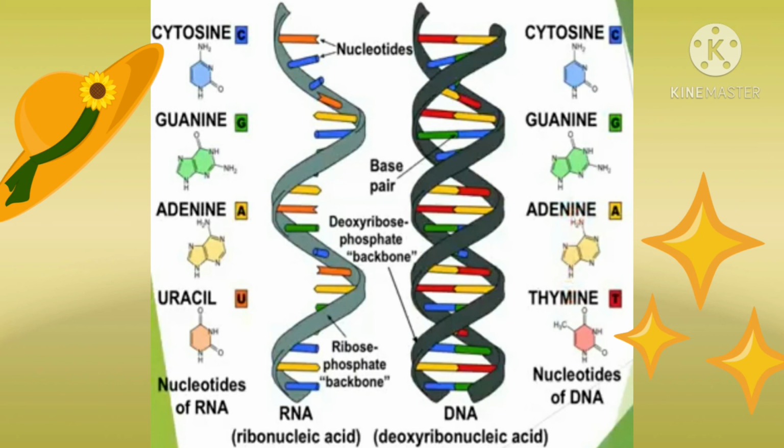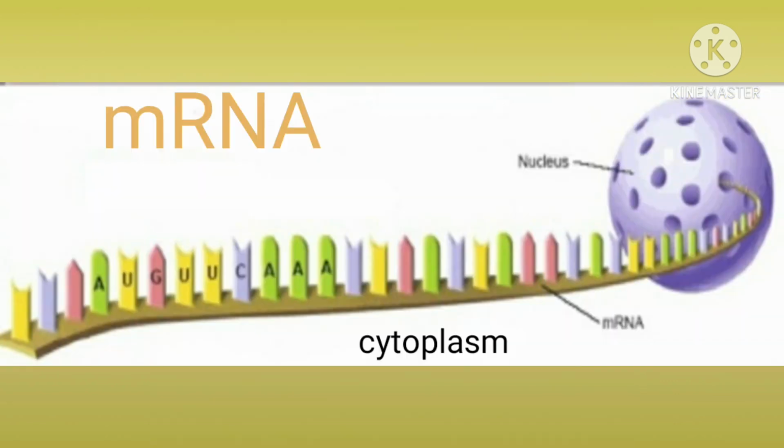And number 2, the arrangement of nitrogenous base uracil complementary to the nitrogenous base adenine of the DNA. Thus, the mRNA that is synthesized inside the nucleus comes out into cytoplasm through the nuclear pores of the nuclear membrane. As it comes out, it brings in the coded message from DNA.